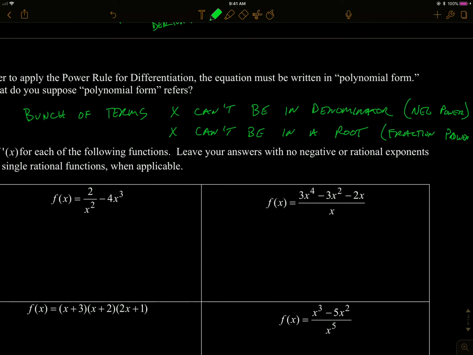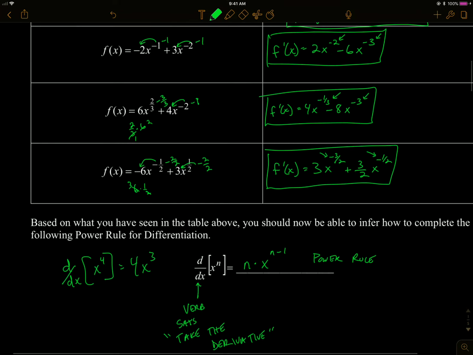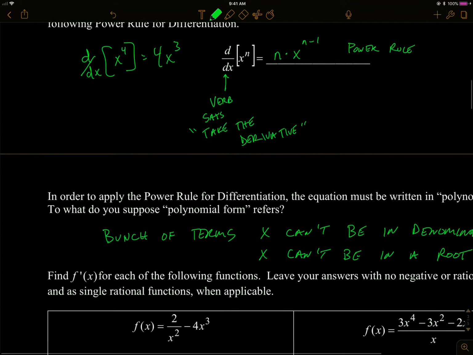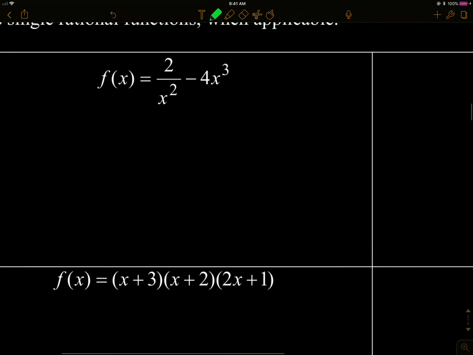So if we look up above, they were already in that form for us. I had some that were in fractions. Those would have come from a root. I had some that had powers that were negative. That would have been an x in the denominator. So let's look at when they're not posed like that. We first have to do a rewrite of f.